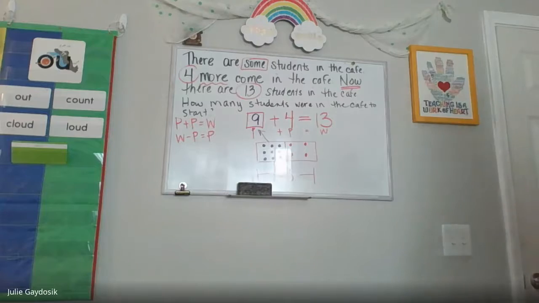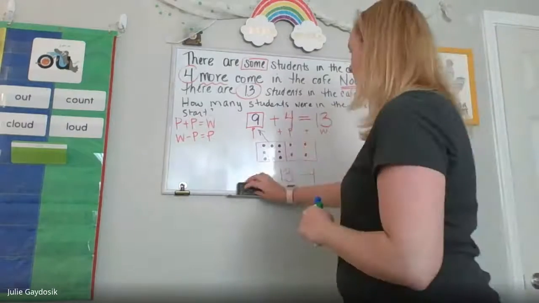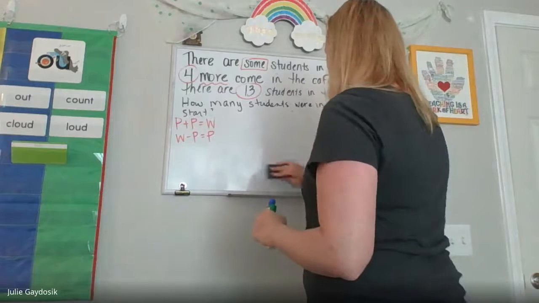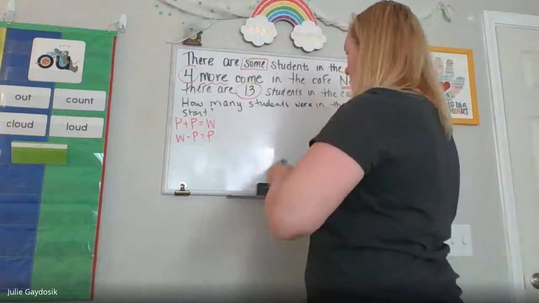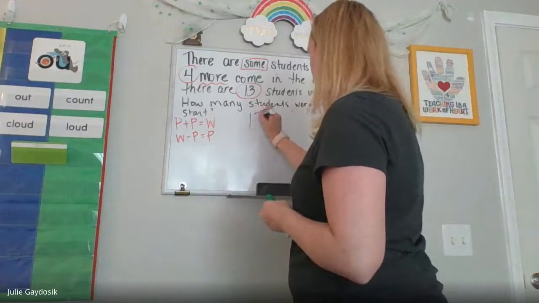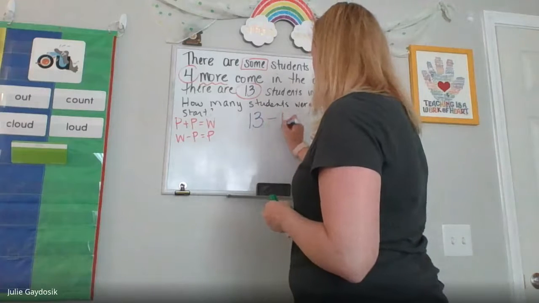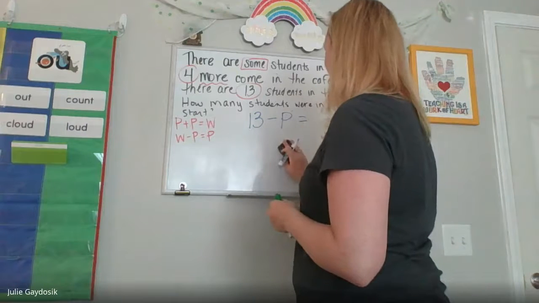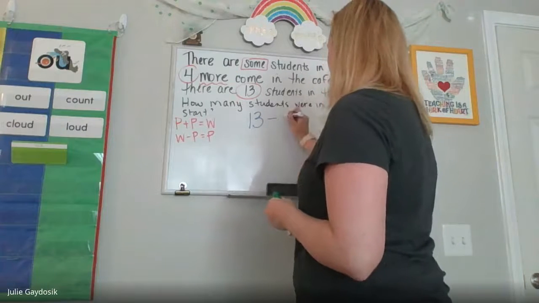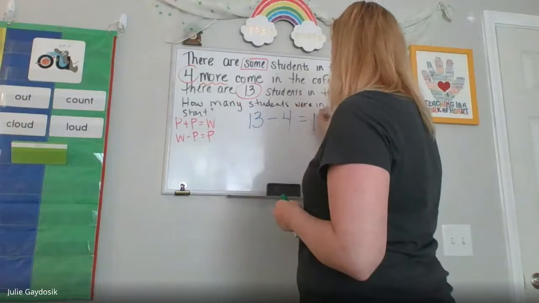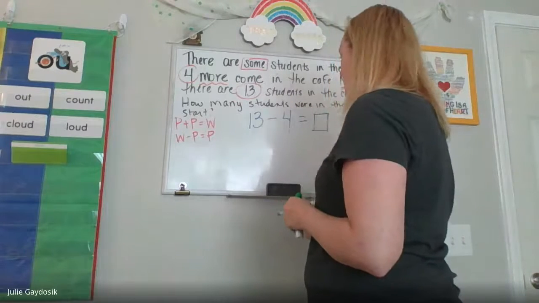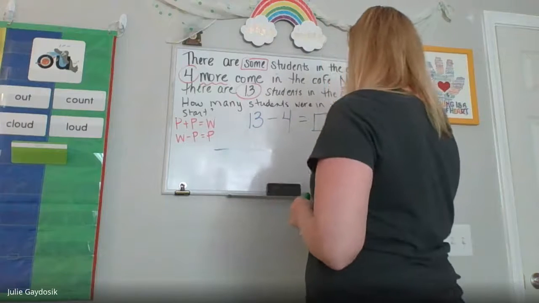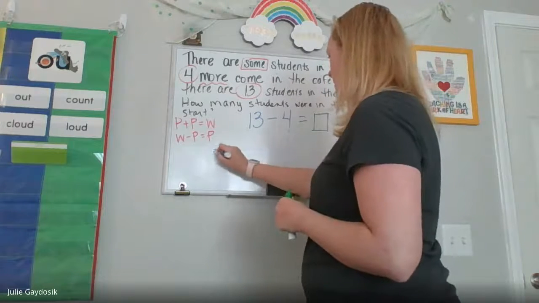Now, if I'm switching it up, I'm going to solve this problem as a subtraction problem. Because I remember that my whole is 13. One of my parts, whole minus part, equals, oh, sorry, I wrote part. 13 minus 4 equals unknown. Now for this one, I could do an open number line.